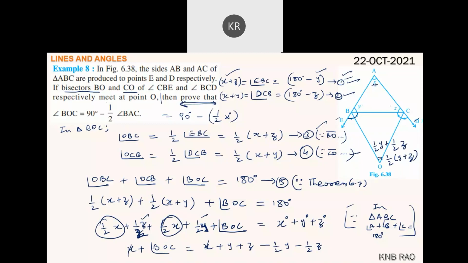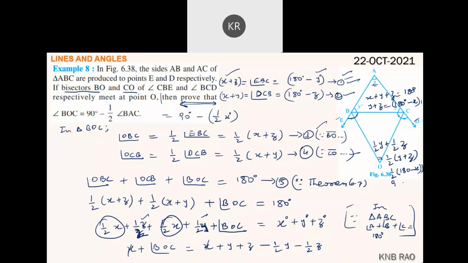Now, you know here X plus Y plus Z equals 180 degrees, so Y plus Z equals 180 minus X. Can I substitute that? If I substitute here half of 180 minus X, now this half goes inside.